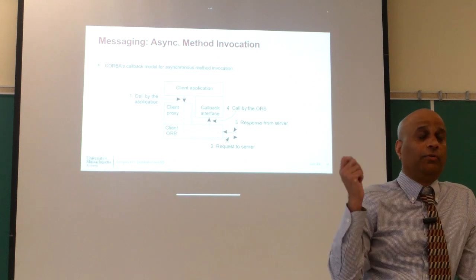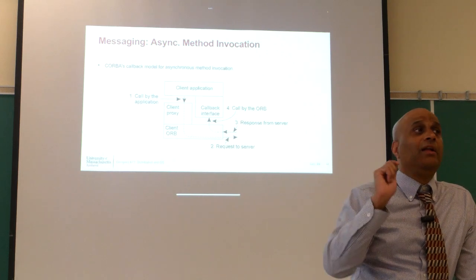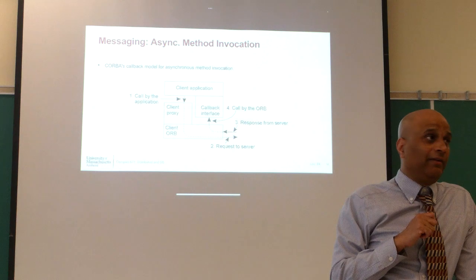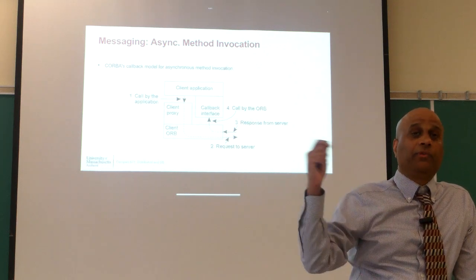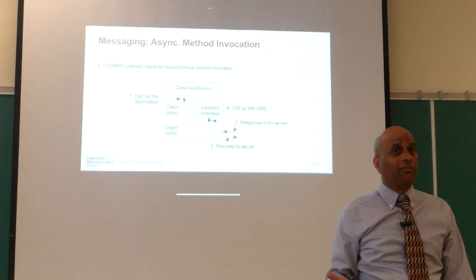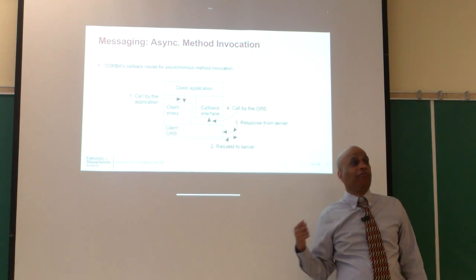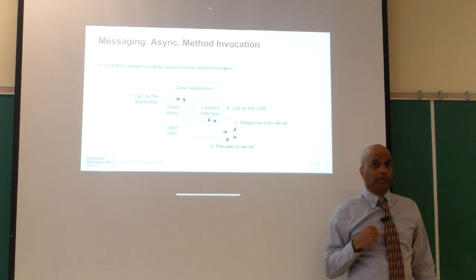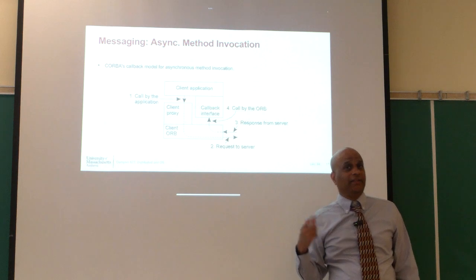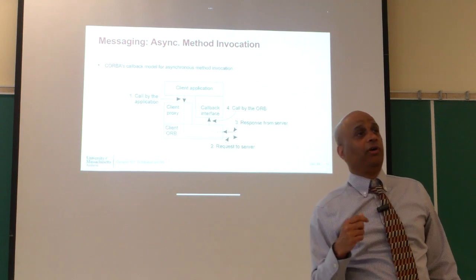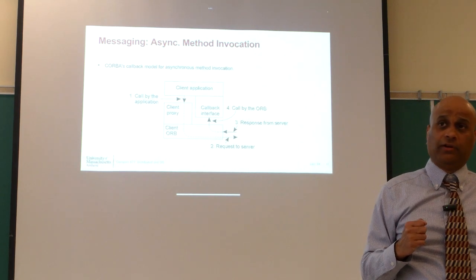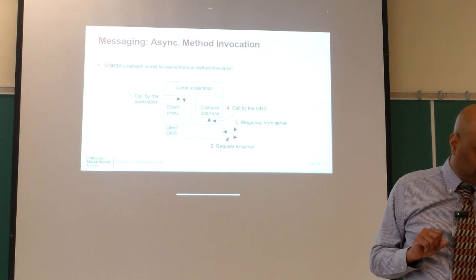Then there's going to be a notification saying there's some data, at which point you go and pull that data from the event channel. This is a callback model where you ask to be notified when there is data to be pulled. So you will not sit there and keep polling; you will just be told when there is data, and then you can go and pull it. That's an asynchronous callback model.